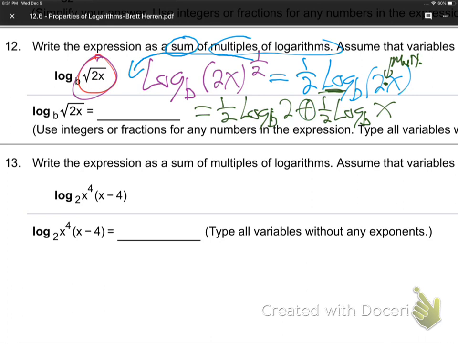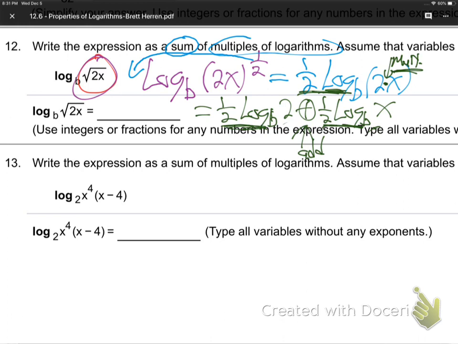Both have the same base. Both have the half in front of them, right? Because the half was in front of the whole thing. So when you break it up, the half's in front of both. And there's the 2, and there's the x. The logs added, right? Because multiplying goes with adding. Multiplying in one log goes with adding for 2 logs. Easy job for 2.